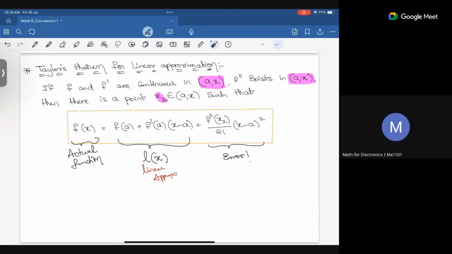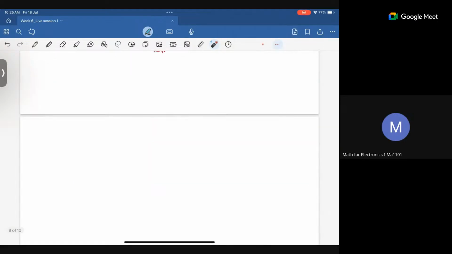But if you know that f prime and f double prime are continuous, and f triple prime exists, then there will exist some point x3 such that you will have more terms. You can write it as a sum of four terms, which is the quadratic approximation.